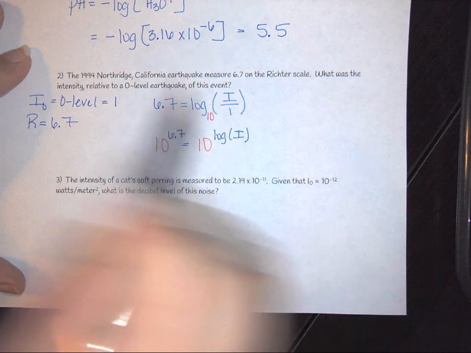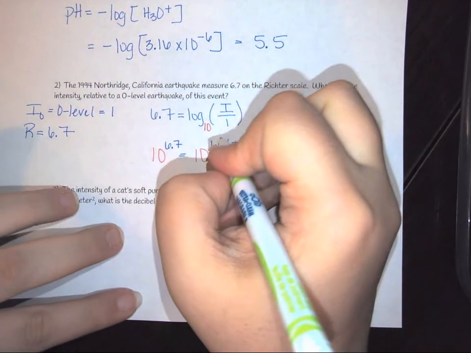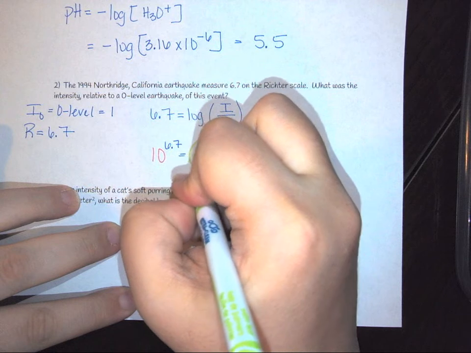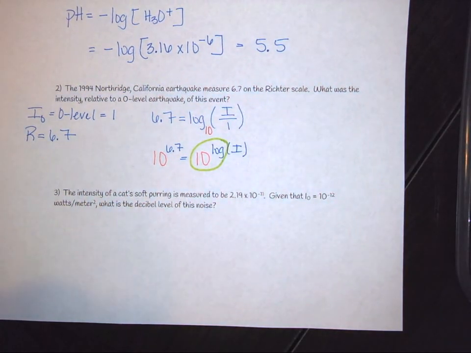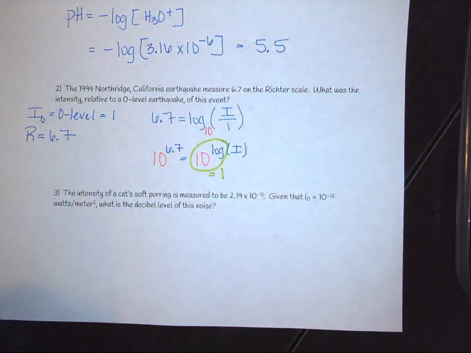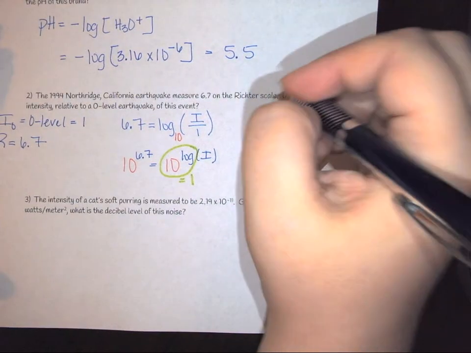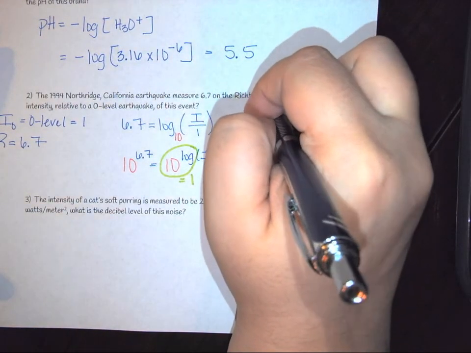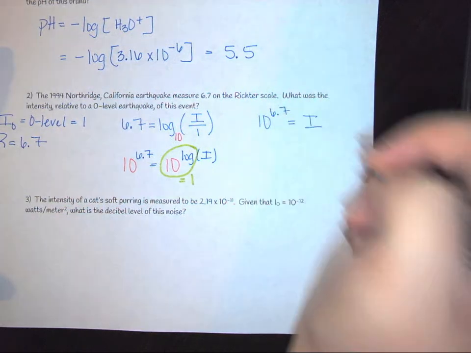So here, this part right here is what's going to go away. So this right here is going to go away using the rule. So this becomes a 1. So what we're left with is 10 to the 6.7 equals my intensity.